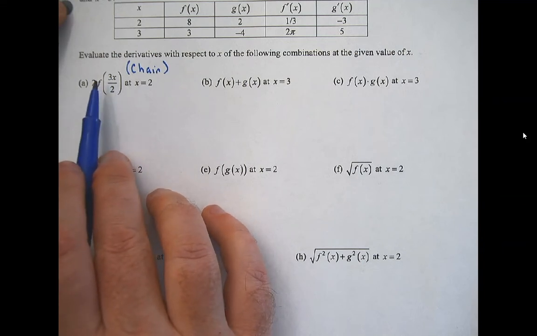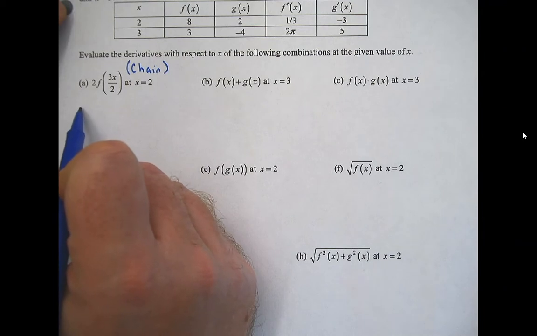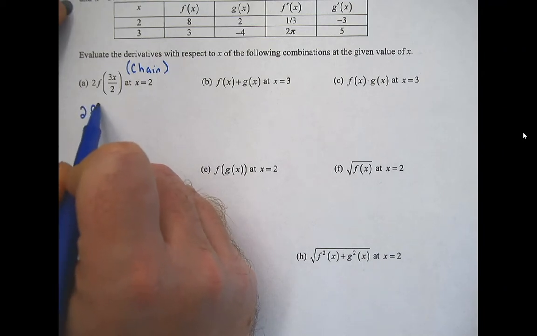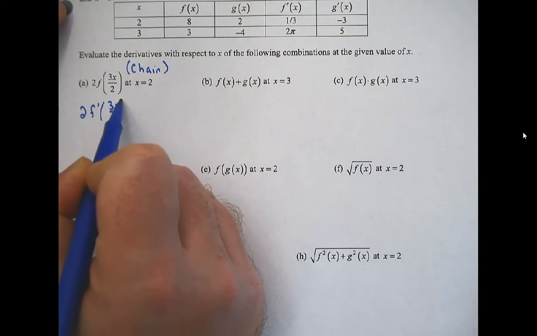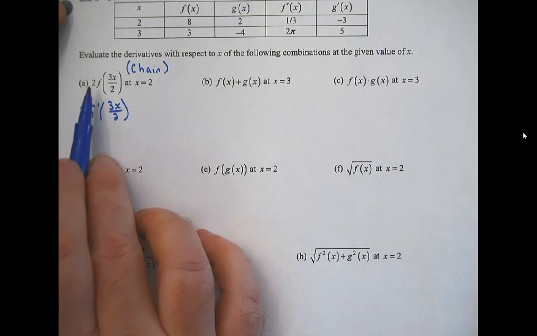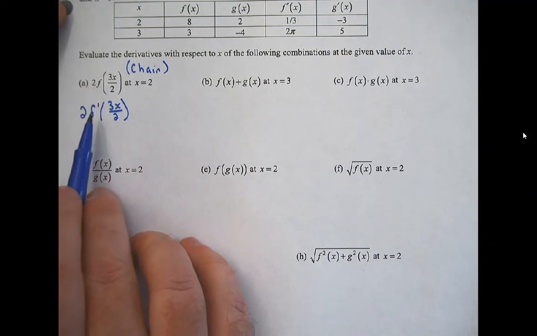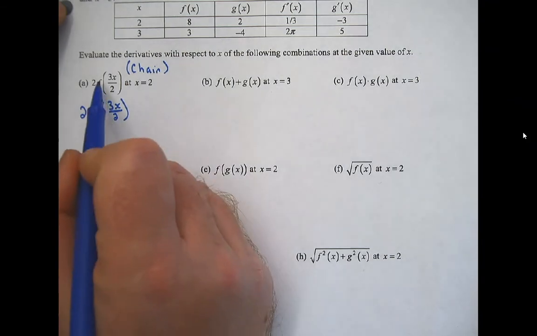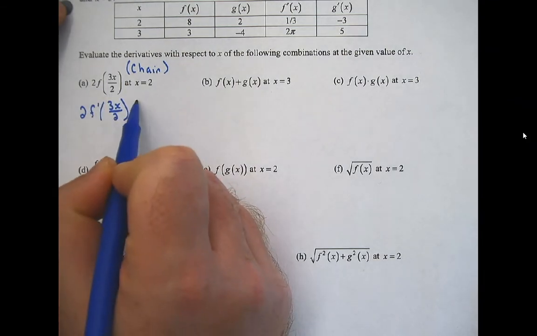My outside layer is 2f of something, so the derivative of 2f of something is 2f prime of something. You can't get a nice answer out of this. It's just f prime. We don't know what f is, so we just know that its derivative must be f prime. Now, I said this was f of something, so we still need to multiply by the something. The derivative of 3x over 2 is 3 over 2.